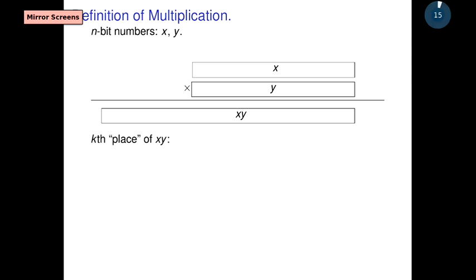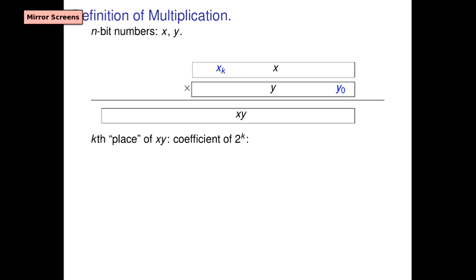Okay, so the kth place of xy, what is that? Well, let's think about this. If I take this digit y0, which place value is that? Well, that's the ones place, just like in decimal. In 12, 2 is in the ones place and 1 is in the tens place.